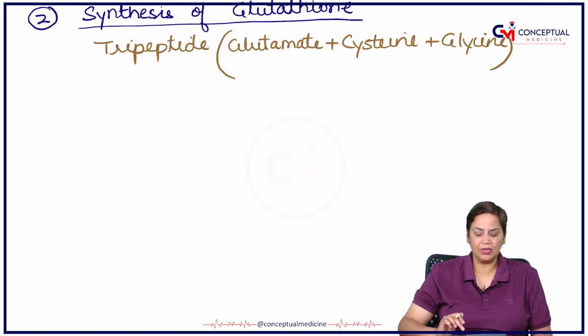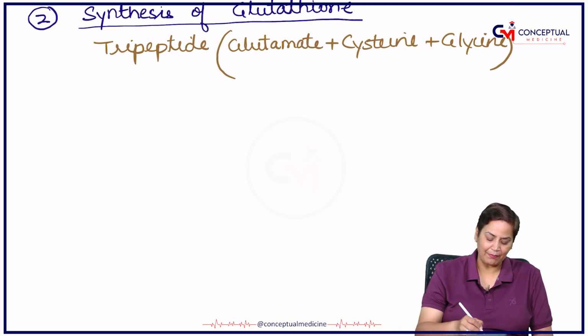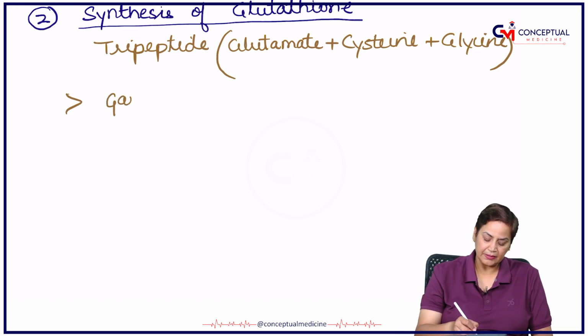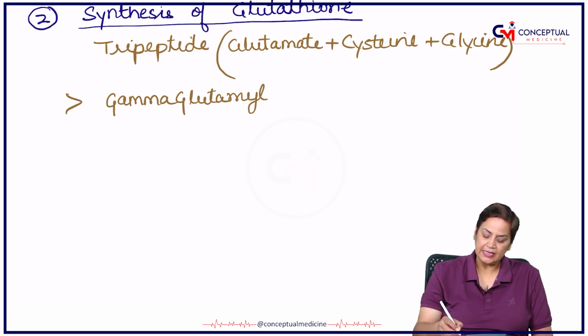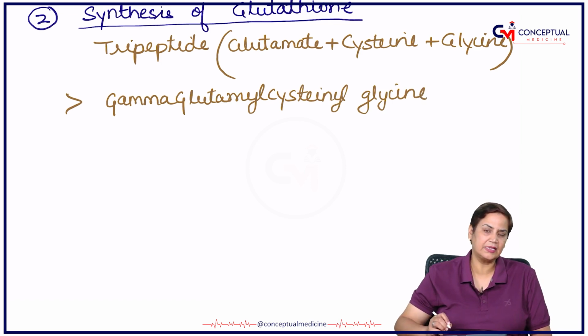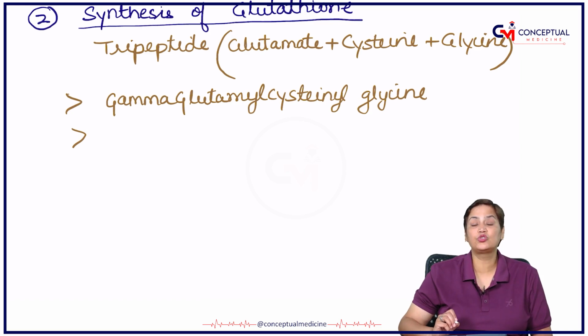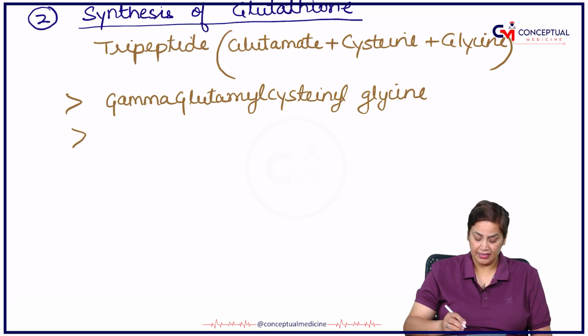Now, this is also known as gamma glutamyl cysteine glycine. Right, this is the other name of this, and it is an example of pseudopeptide.